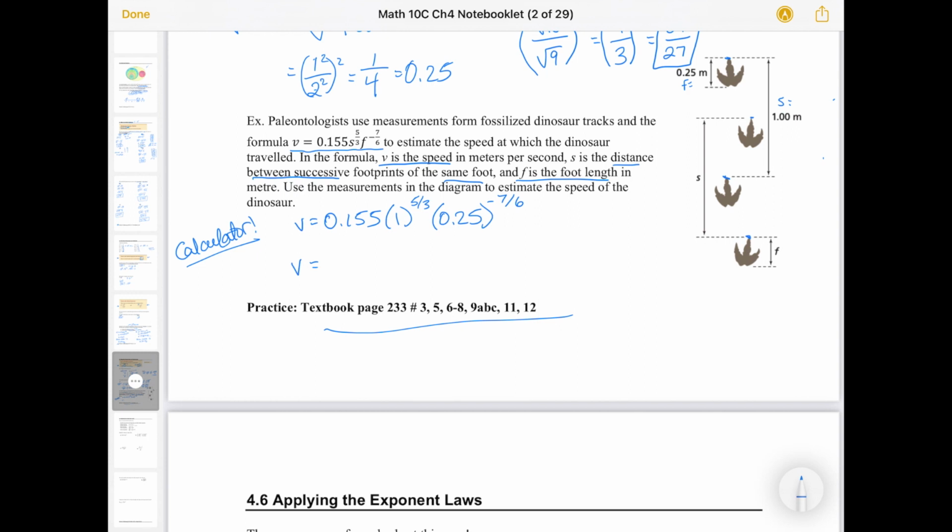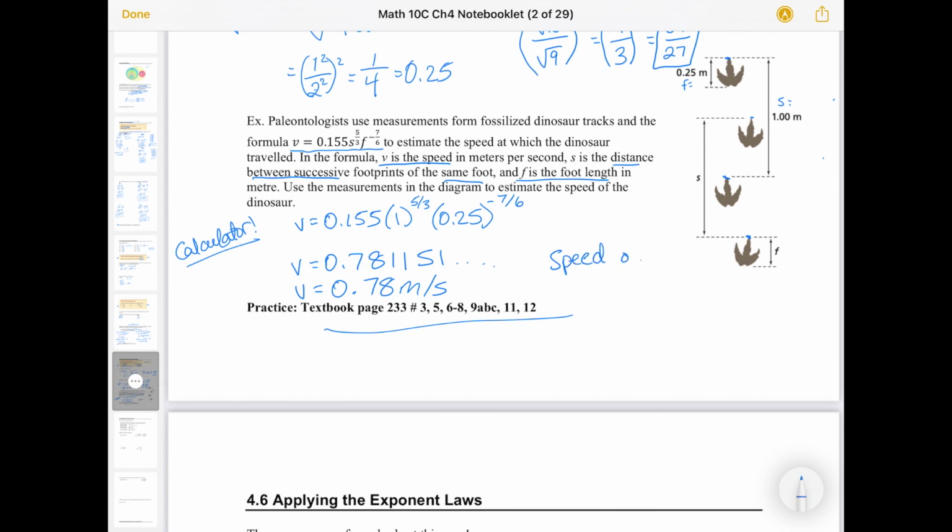And we get a speed of 0.781151, etc. And let's just round to 2 decimal places. So my speed is 0.78 meters per second. So I'm going to write that here too.